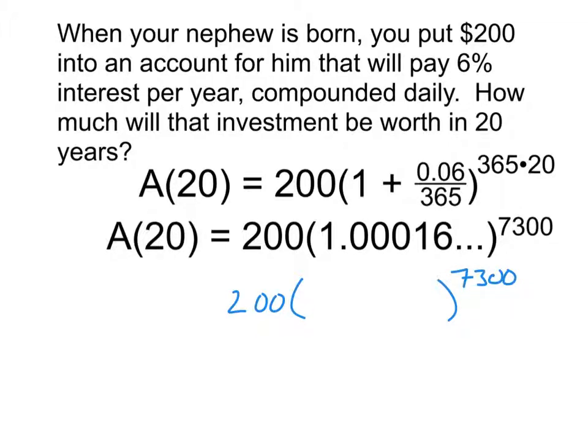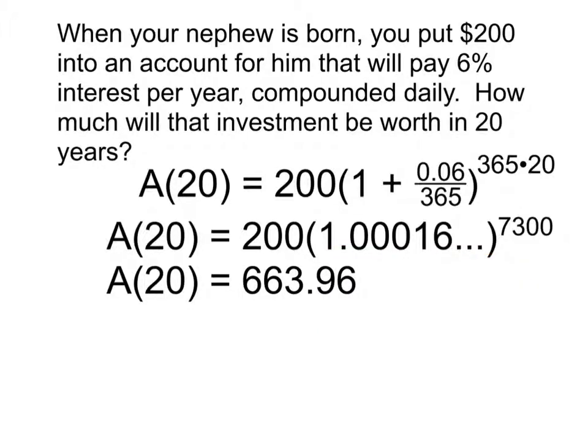And so, on your calculator, when you do this problem, this number should be showing. Not because you typed it in, but because you just did this. The 1 plus the 0.06 divided by 365. Then you're going to say that number, that decimal, to the power of 7,300 equals. Then times 200. If all has gone well, this is what you should be getting. 663.96. Or in other words, $663.96.